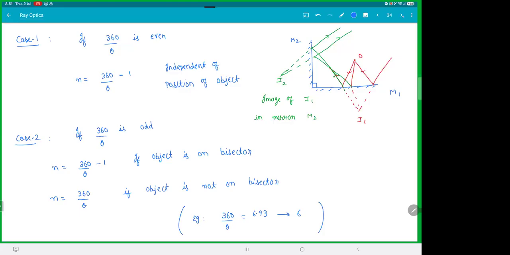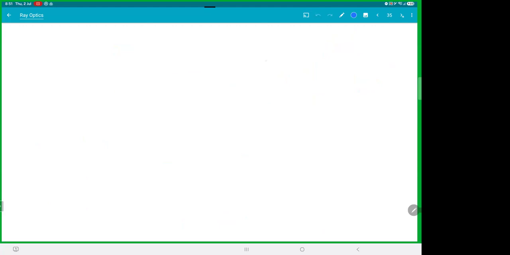If you want to find the location exactly, let me show you one example of how it works, and then I'll ask you something on this. So let's say we have two mirrors and the object is here. Let this angle be alpha, let this angle be beta, and alpha plus beta is theta. That's your angle between the mirrors.